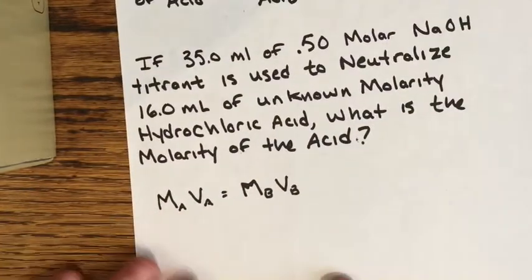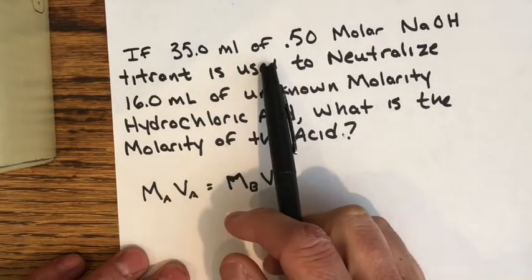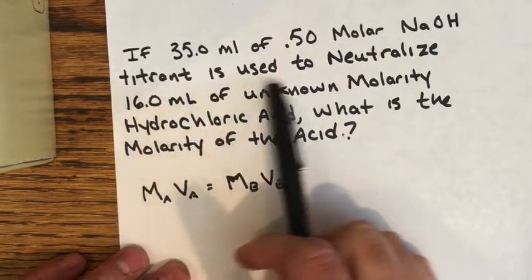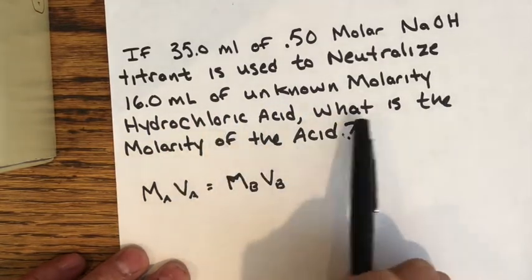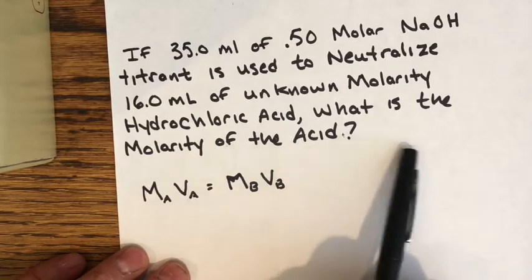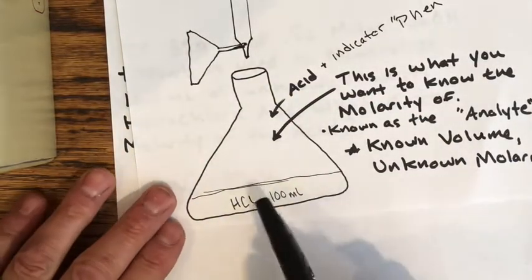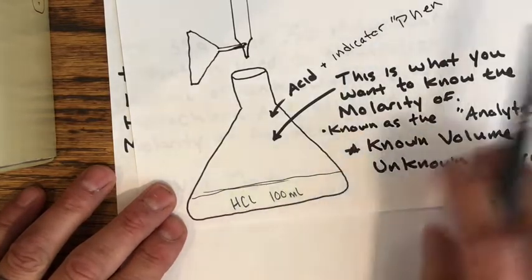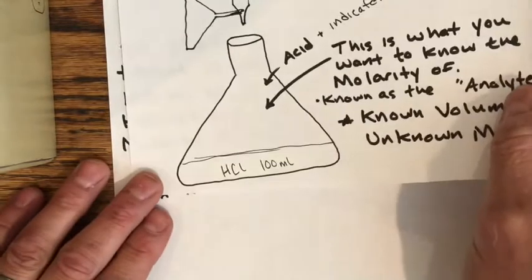Okay, so here is the type of problem that you'll need to know how to do. If 35 milliliters of 0.5 molar sodium hydroxide titrant is used to neutralize 16 milliliters of some unknown molarity of hydrochloric acid, what is the molarity of that acid? So if we go back to our setup here, basically what we would have said was, we have some unknown molarity of acid down here, and we're starting with a volume of acid that is only 16 milliliters, okay?